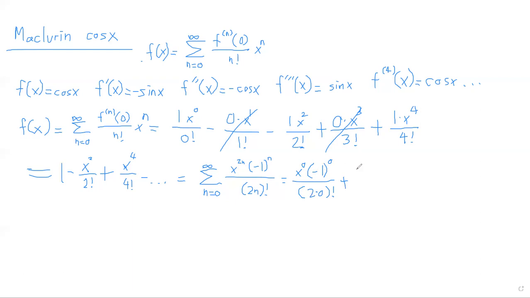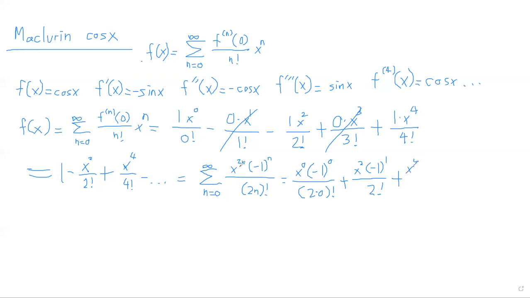Okay, so now n is 1, so x squared, -1 to the power of 1 over 2 factorial. That's equal to -x squared over 2 factorial plus x^4.